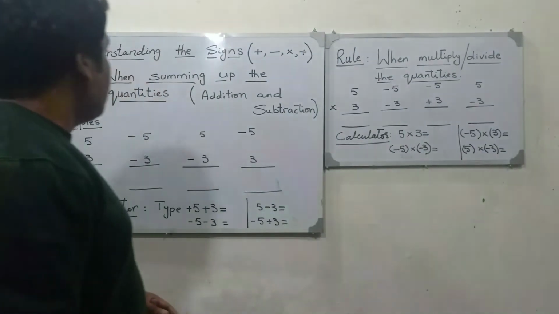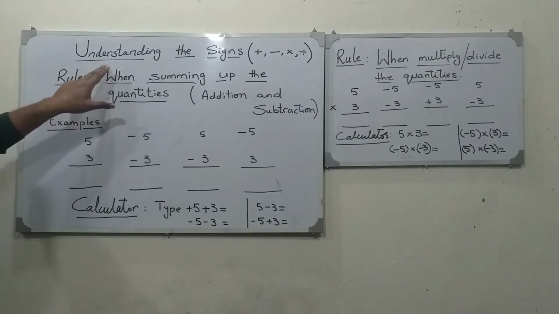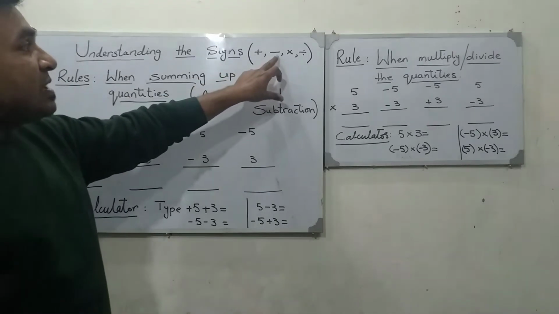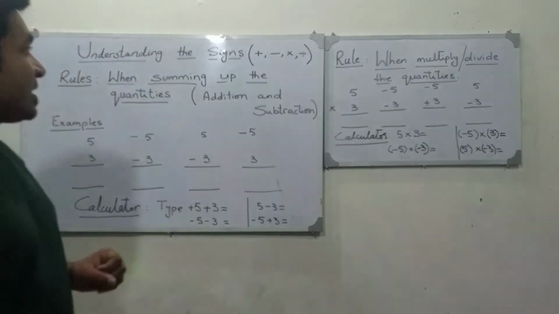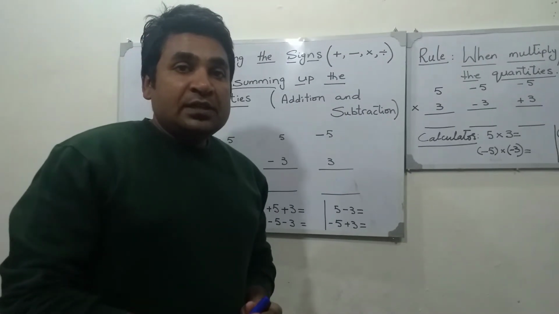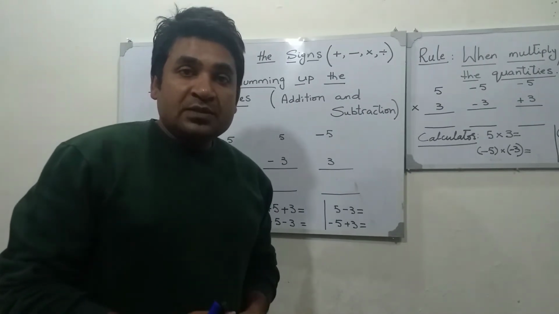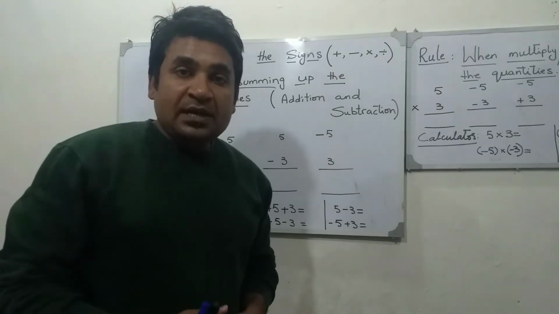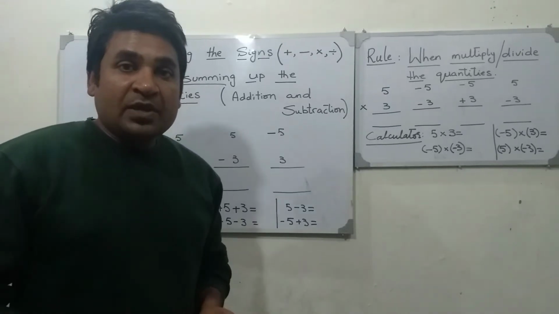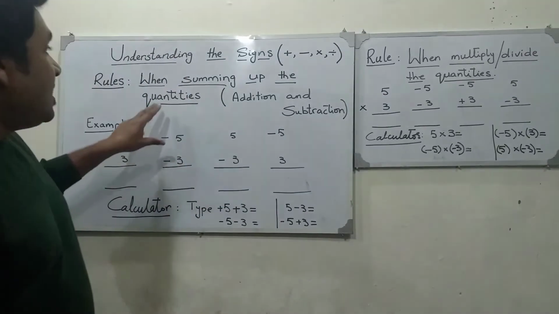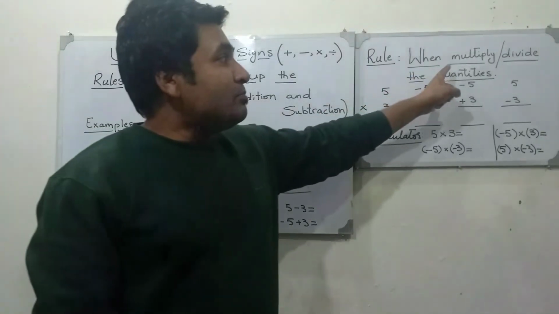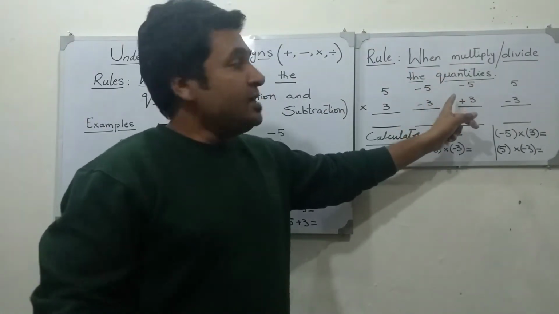Okay, so our topic is understanding the signs. Signs are plus, minus, multiply, and division. There are two things about which we need to be very careful: are we summing up the quantities, or are we multiplying or dividing the quantities.